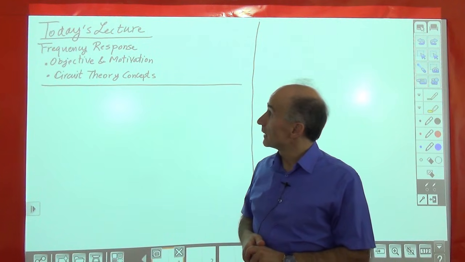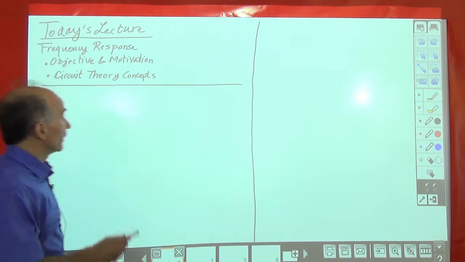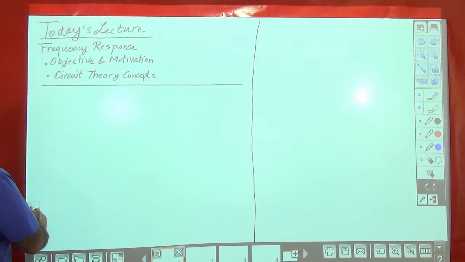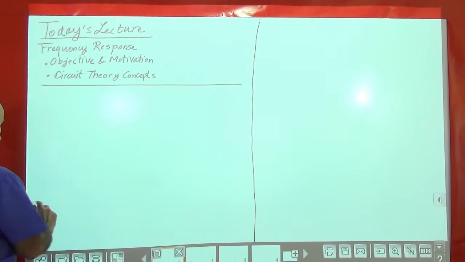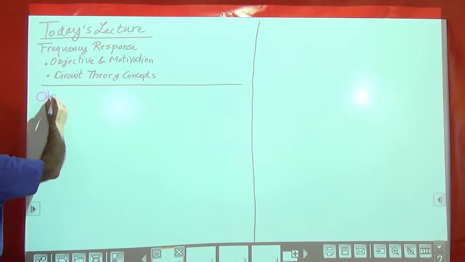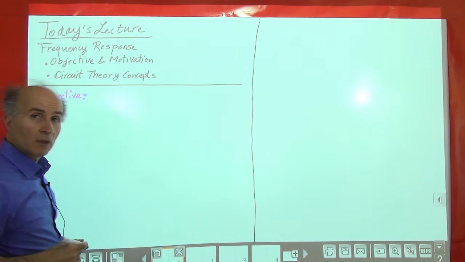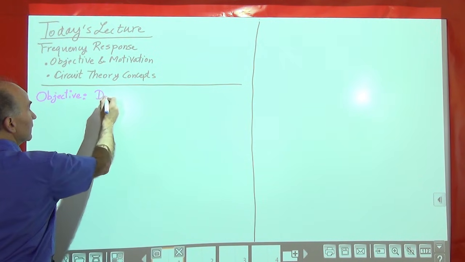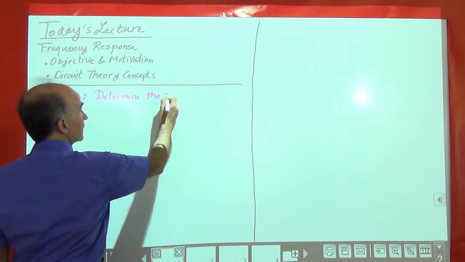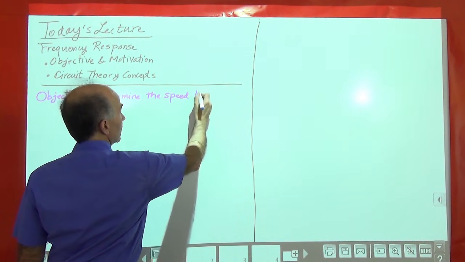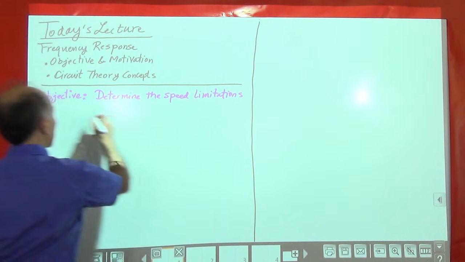Now, the objective of frequency response is actually quite simple. Here's what we want to do. So our objective is as follows. We want to determine the speed limitations of circuits.